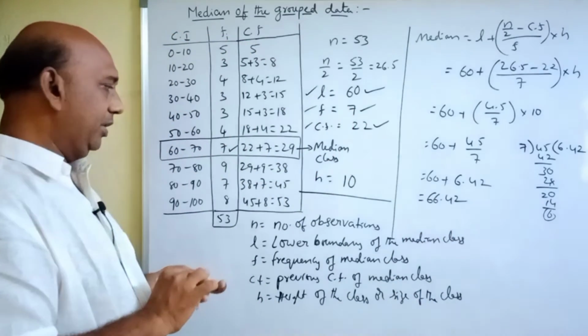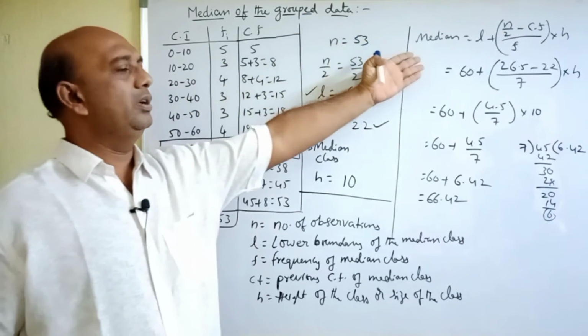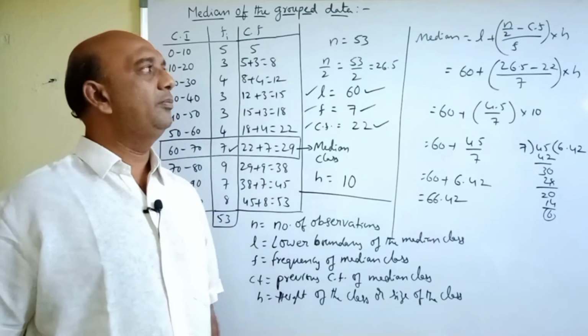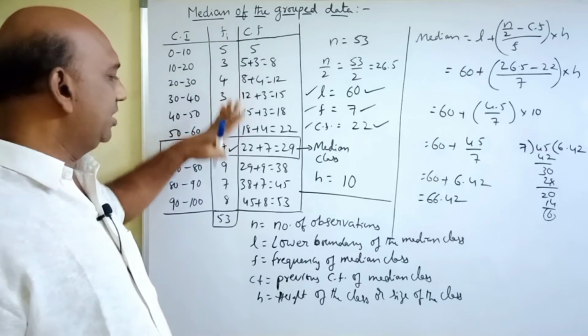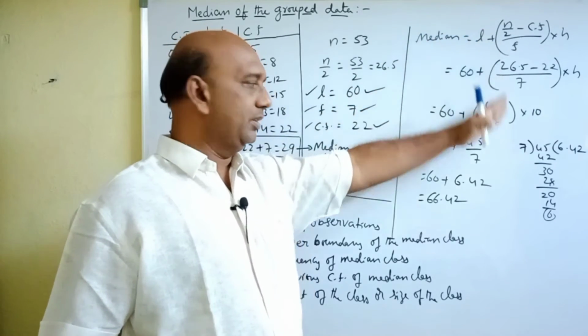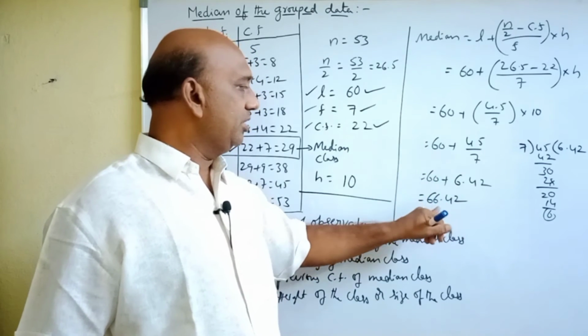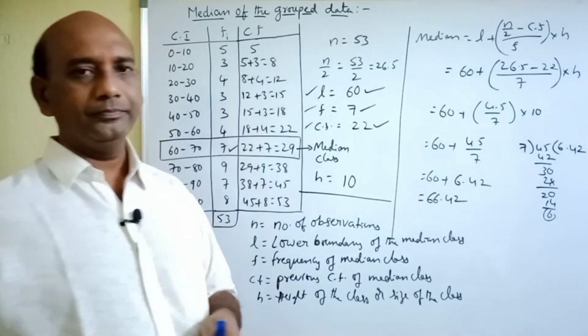According to these, we select the values required to find the median. Median is equal to L plus (n by 2 minus CF) by F into H. All those values are selected from the given data and substituted in this formula. After simplifying, we got 66.42. Therefore 66.42 is the median of this given data.